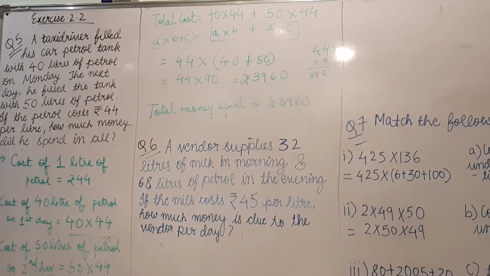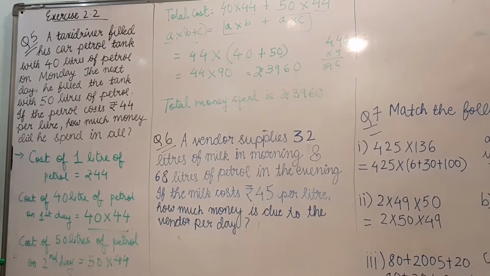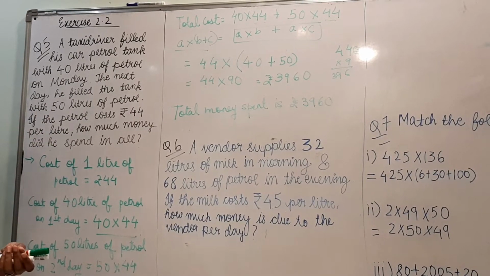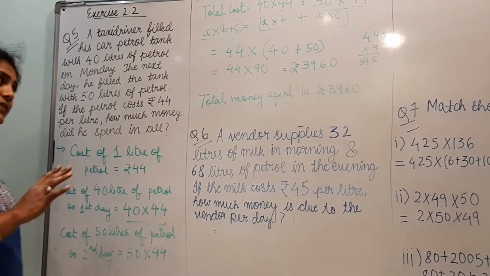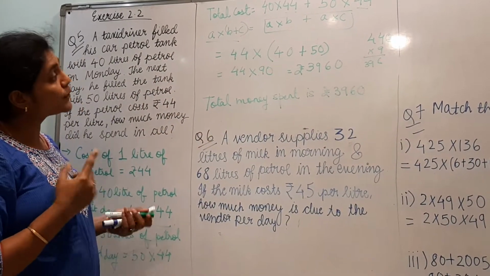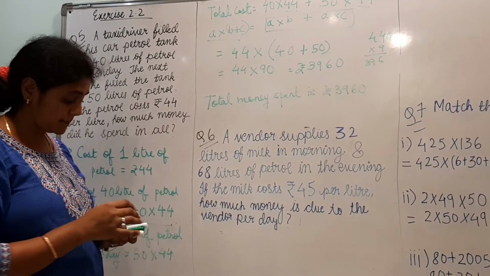Easy. So you could have done the multiplication and then added it, but here we have used the properties. If you multiply individually and add, then also you are going to get the same answer, but with the properties it is very easy.